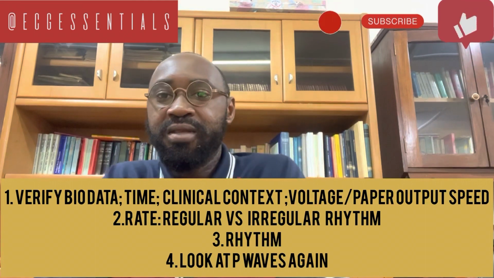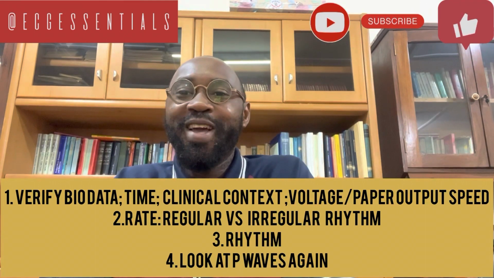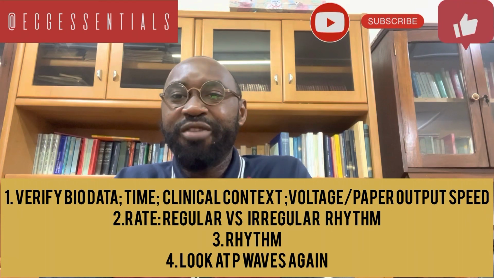The P waves. We have said over and over, the P wave represents atrial depolarization. And just a short while ago, we tried to establish how important the presence or the absence of the P waves will be, even in trying to identify the origin of the rhythm.